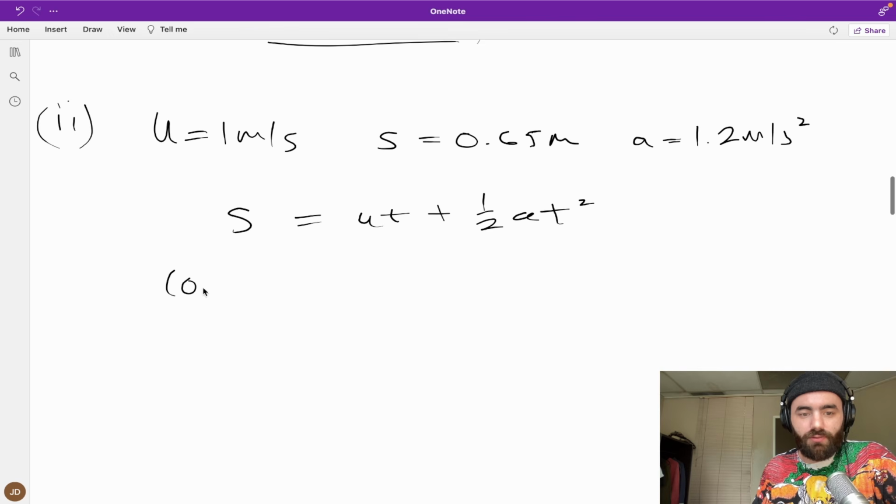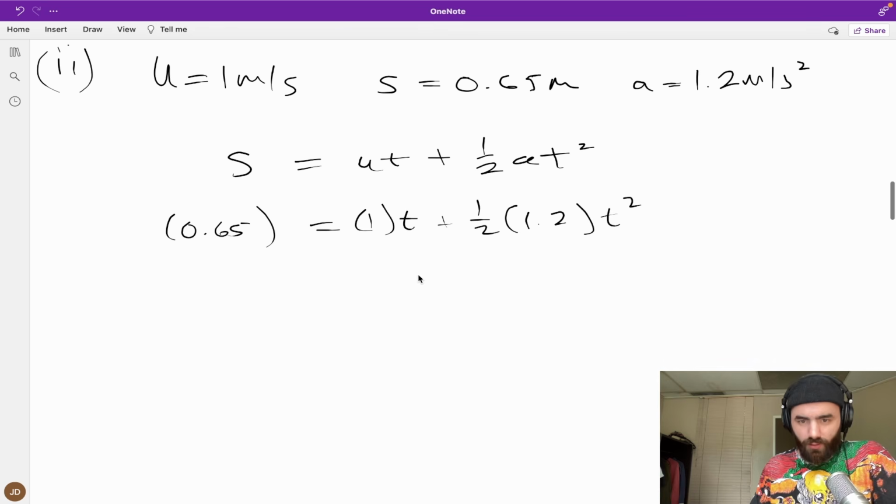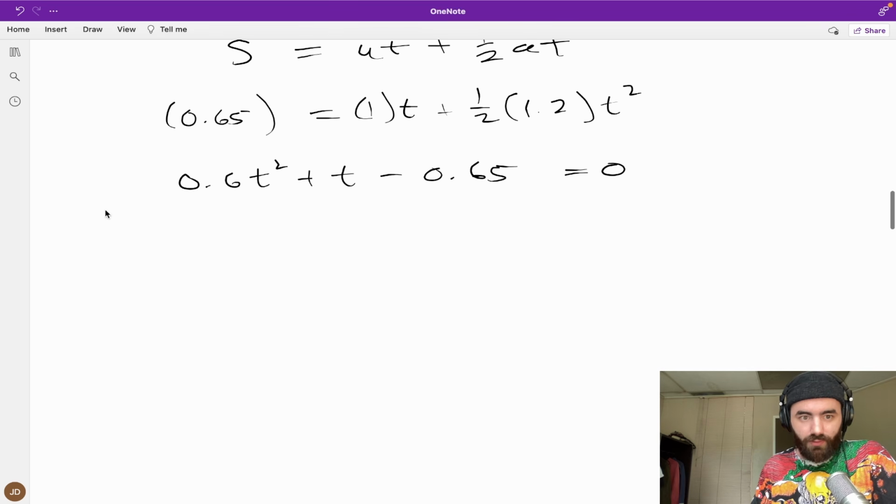So s is 0.65 equals 1 times t plus a half times 1.2 t squared. So we get 0.6 t squared plus t minus 0.65 equals 0.